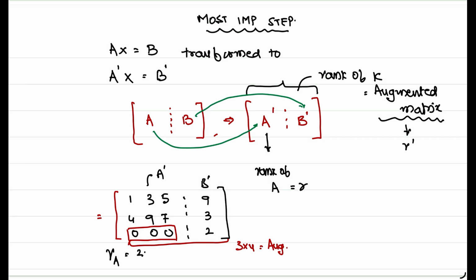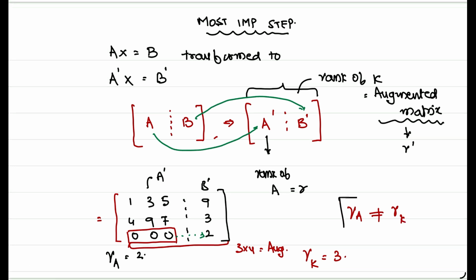None of the rows have all zeros, because the third row in the augmented matrix also has a non-zero element. Hence, rank of the augmented matrix is equal to 3. That means rank of A is not equal to rank of the augmented matrix. Please try to understand this in this case.